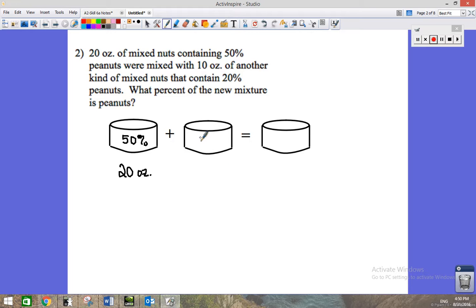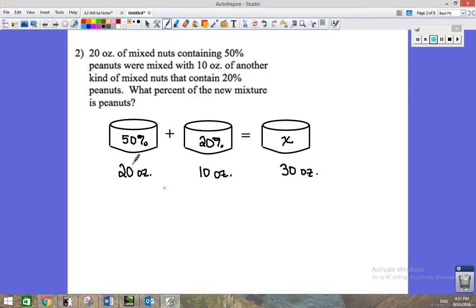Now over here, of this mixture, which is 10 ounces, 20% is peanuts, so 80% is not peanuts. Now if I have 20 ounces and I add 10 ounces, I'm going to have 30 ounces. But I can't just immediately look at this and determine what the new percent is going to be. I'm going to have to see it in an equation.